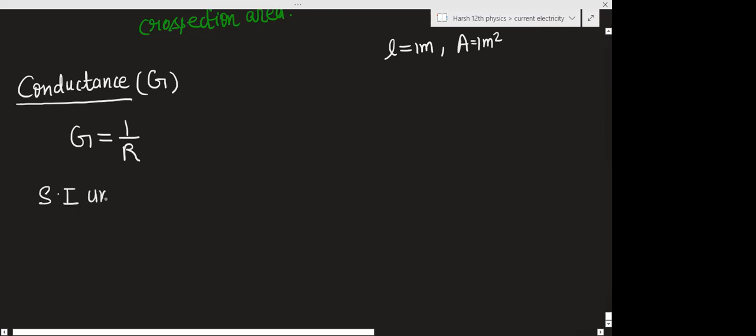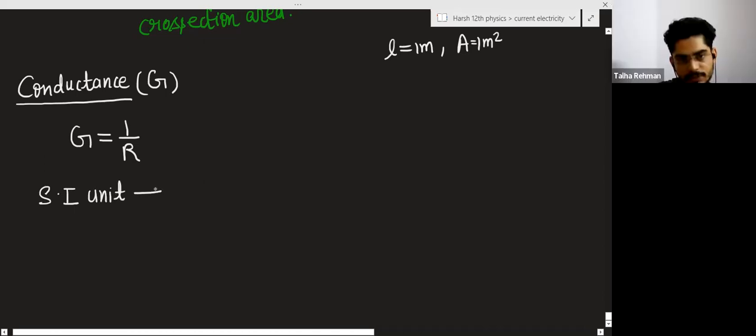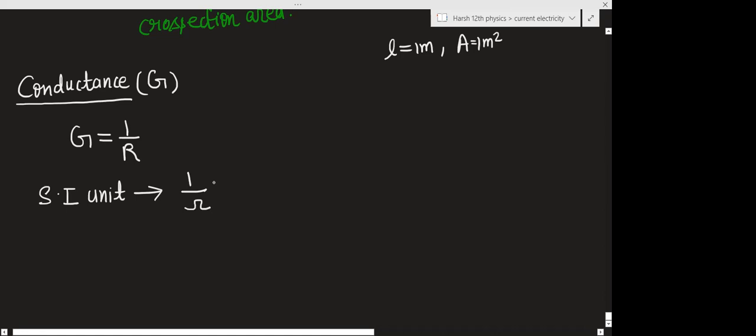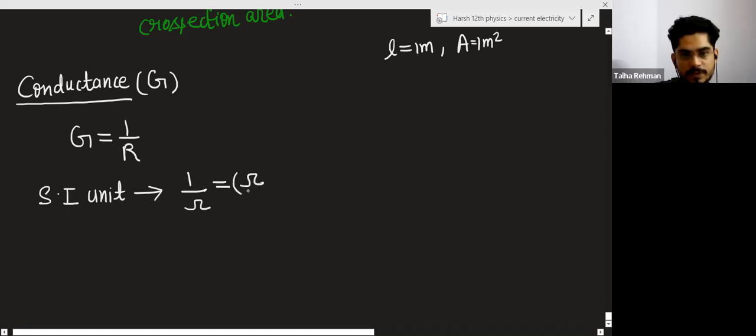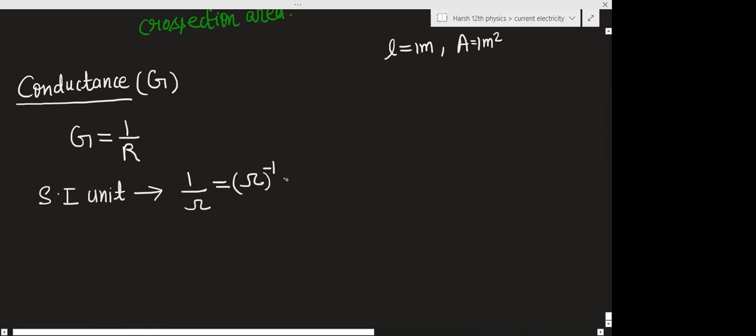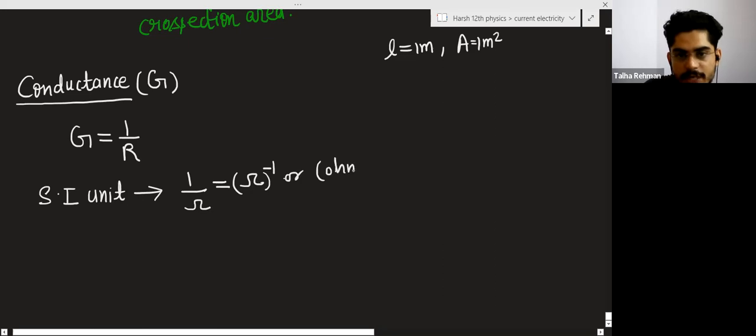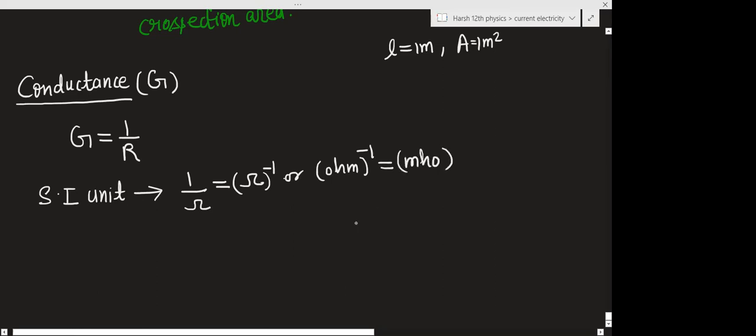Of course. This 1 by ohm means ohm inverse, and this ohm inverse can also be written as mho, since inverting ohm gives mho.